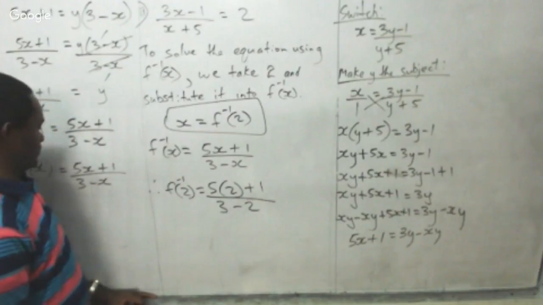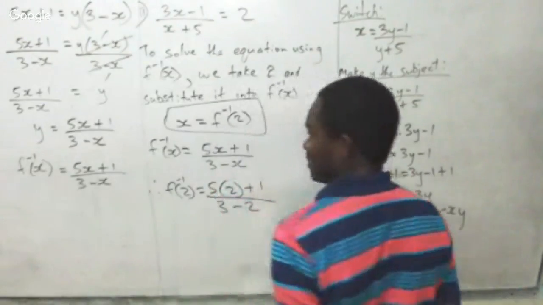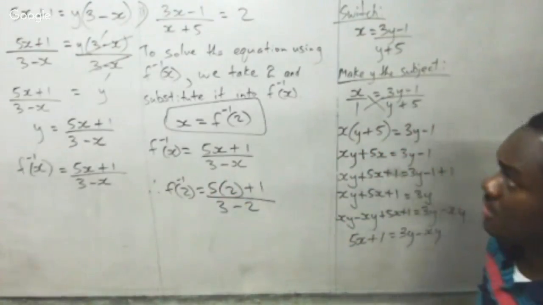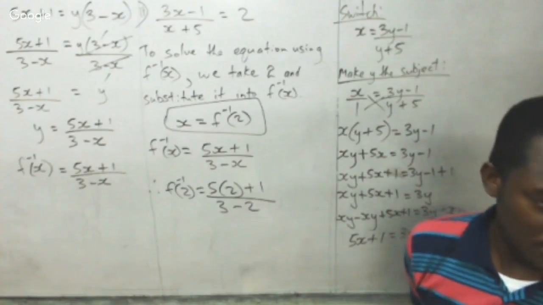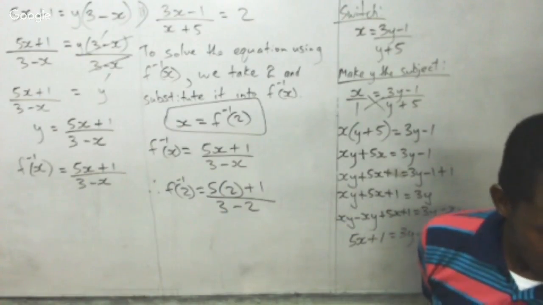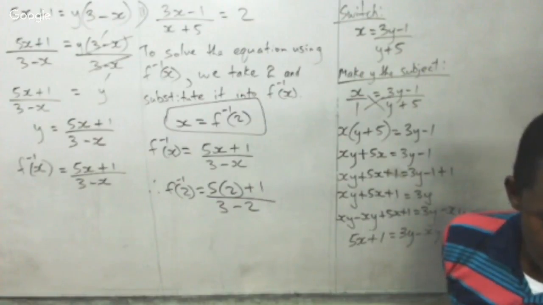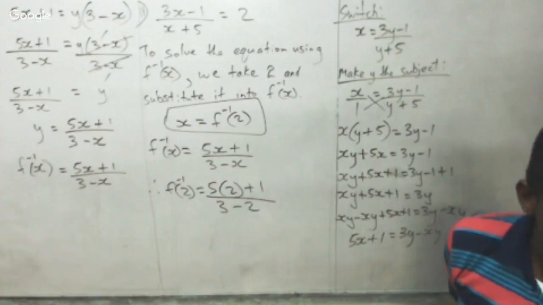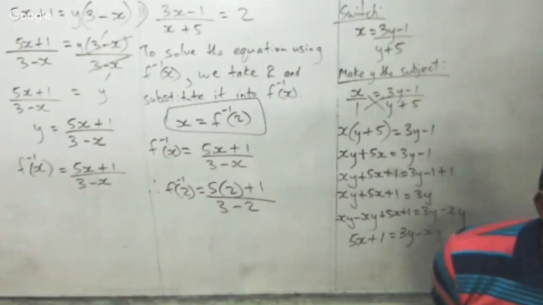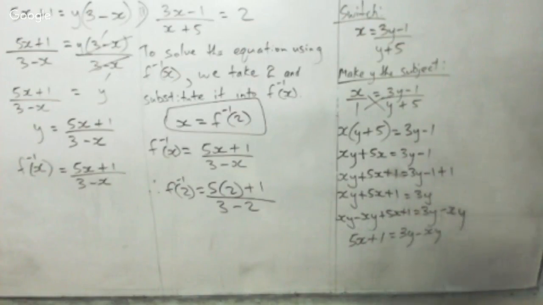Students: we have to use that one. No, use the previous result, the inverse we worked out before. What is the inverse? This is the inverse. Oh, okay, never mind.